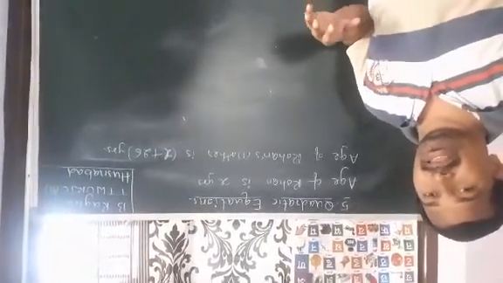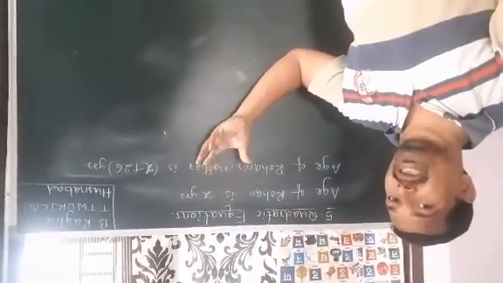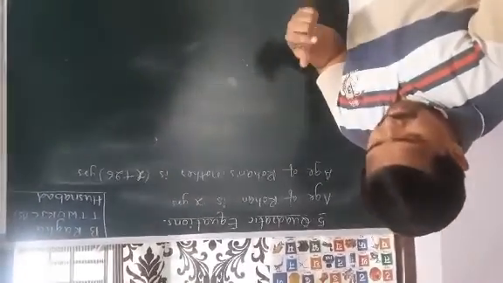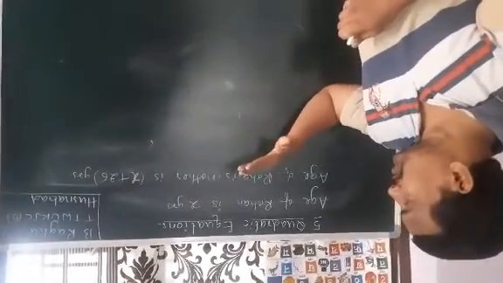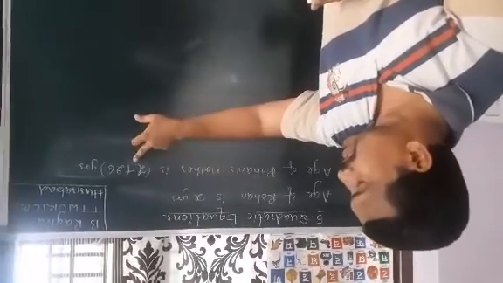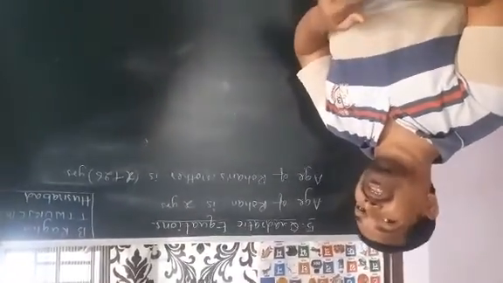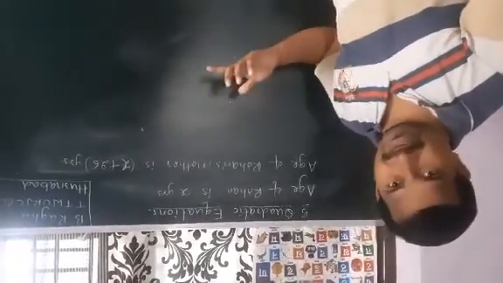Now what is given? After 3 years, the product of their ages is 360. At present Rohan's age is x, and Rohan's mother's age is x plus 26. After 3 years means you have to add 3.